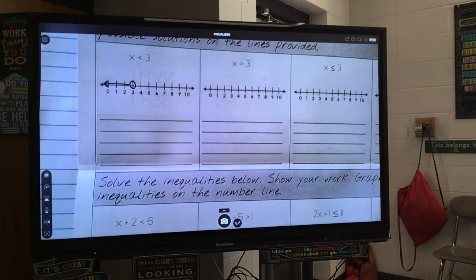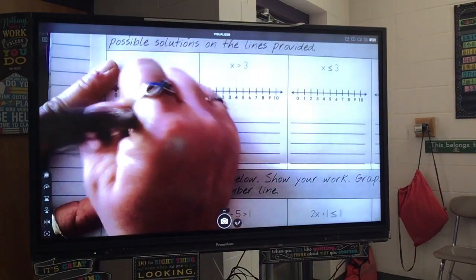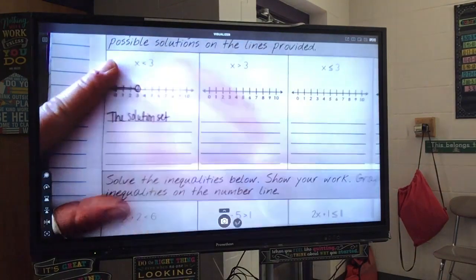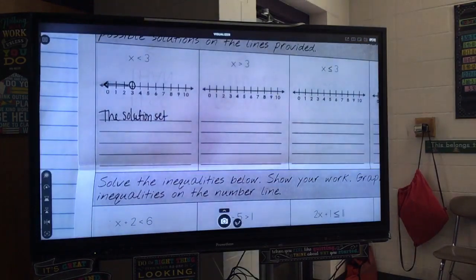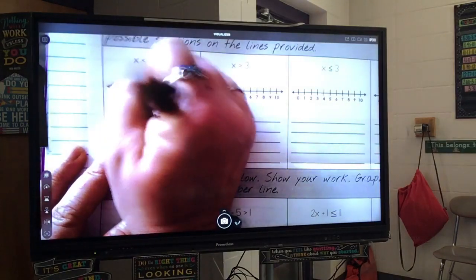All right. With inequalities, you do not have one specific answer, but you have a plethora of answers that will make your statement true. So you need to make sure that you have this written on the line. So the solution set, and above solution set, you need to write group of answers.